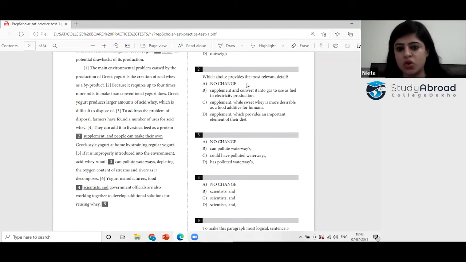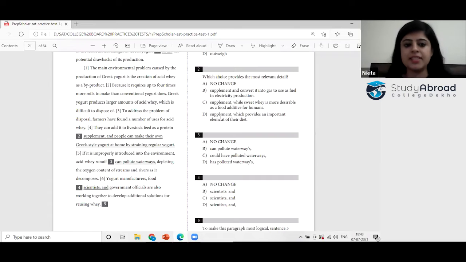When A says no change, that means if you select A, you will be selecting this particular statement that's written here to be true, or you have the choice to replace it with B or C or D. Now, coming back to the strategy that we discussed, we are going to follow the process of elimination, focusing on what change the options are offering us.